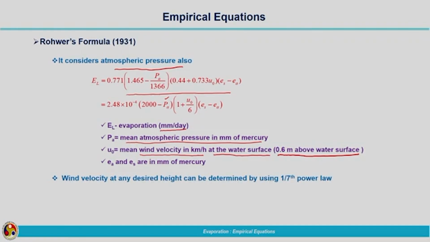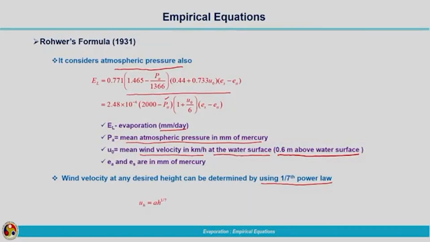Now, coming to wind velocity at different heights we can calculate by making use of the boundary layer principle. So, we are having the equation corresponding to that, which can be determined by using 1/7 power law. So, that is given by UH, that is wind velocity at a height h. H is the height from the ground surface or the water surface.